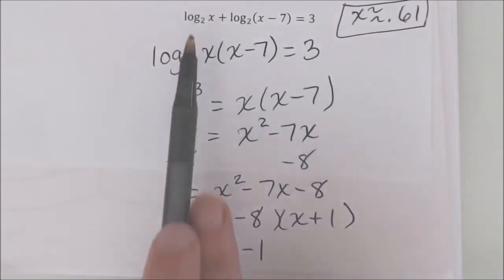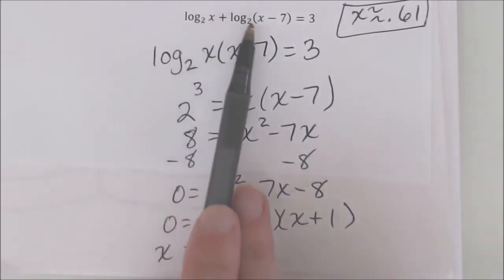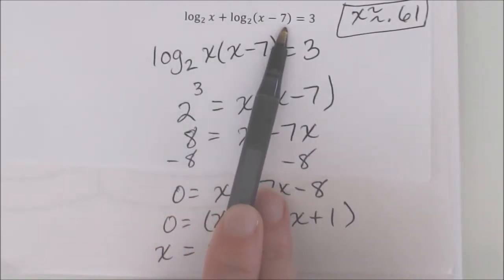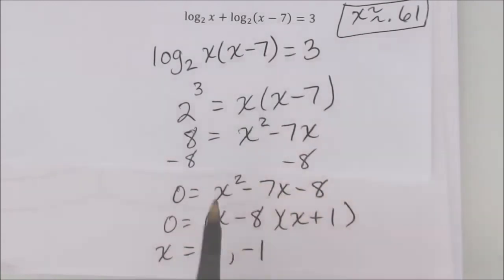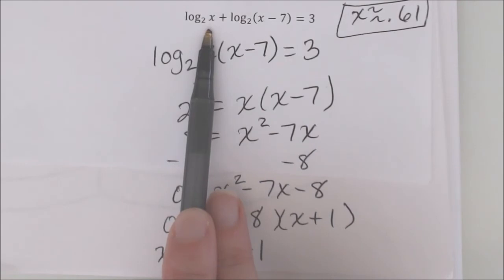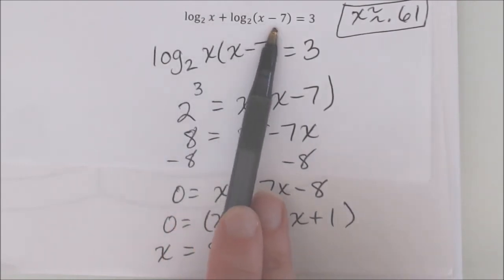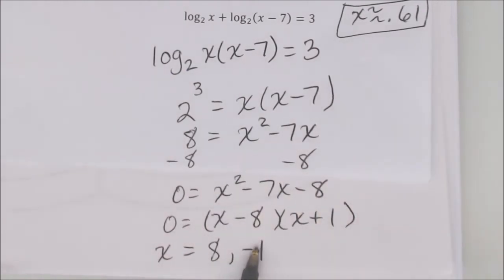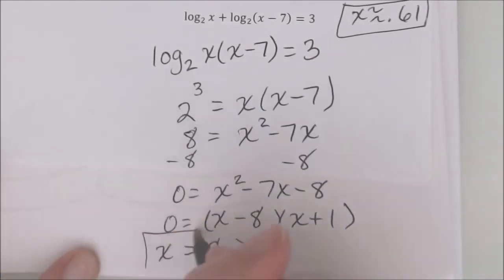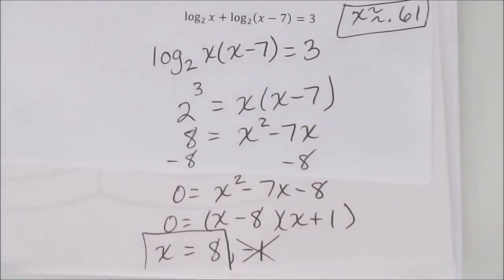Take the 8. We get 8 here, 8 minus 7, no problem, that's a positive number. Take the negative 1. If you plug in negative 1 here, you immediately have a negative inside the log. Same thing here, you'd have a negative 8 inside the log when you substitute the negative 1. So we're going to throw that out, and our only solution is going to be x equals 8.